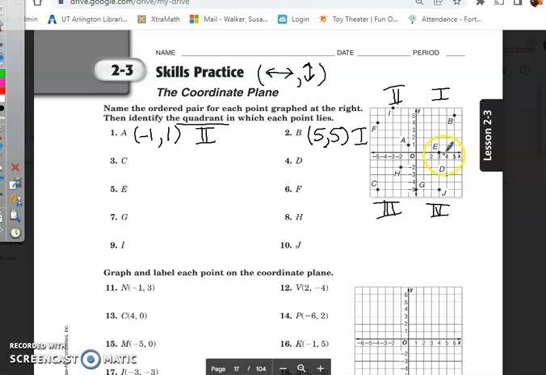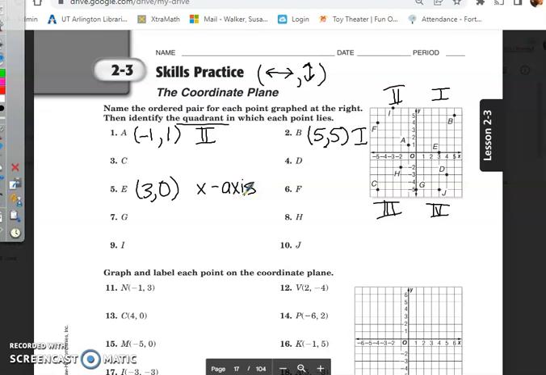So I went to the right, 3. And then notice I'm already on the point, so I do not go up or down. Therefore, there is no movement, so that's a 0. Whenever there's a 0, we're on an axis. Notice we are on, if you forget, it's right there. This is the x-axis.